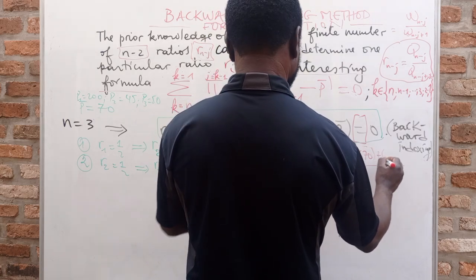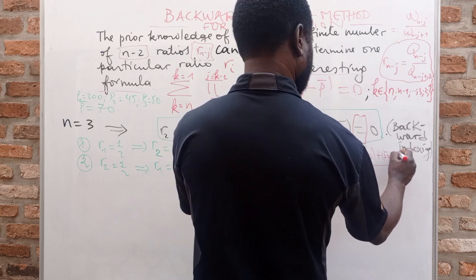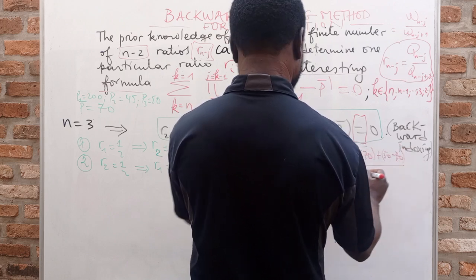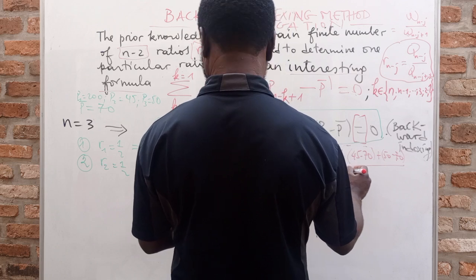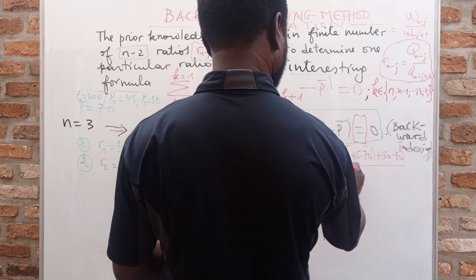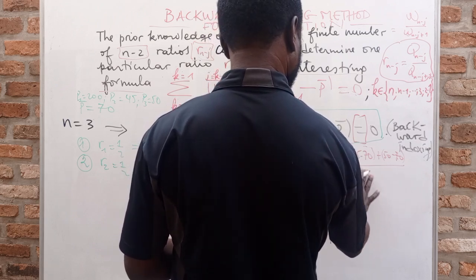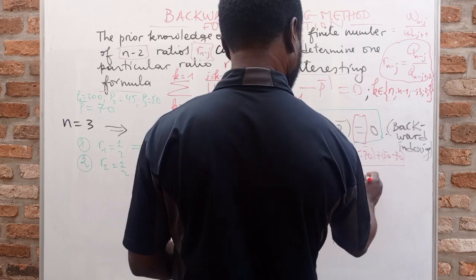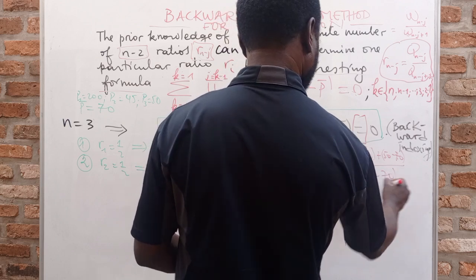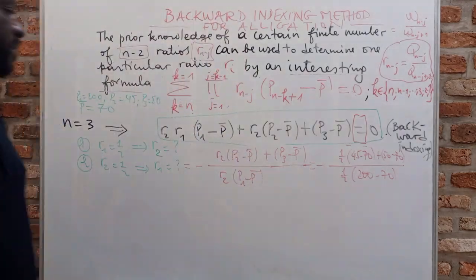Now plus the third value, 50 minus 70, the mean value, divided by R sub 2, which is again a half, times 200 minus 70. P1 is 200, and 70 is P bar.